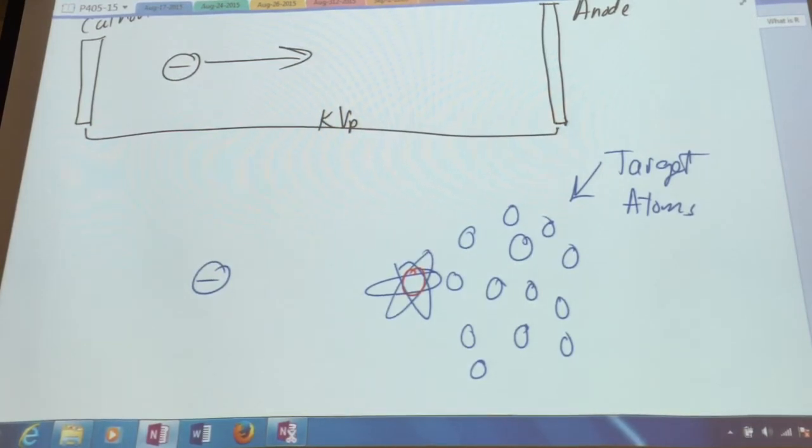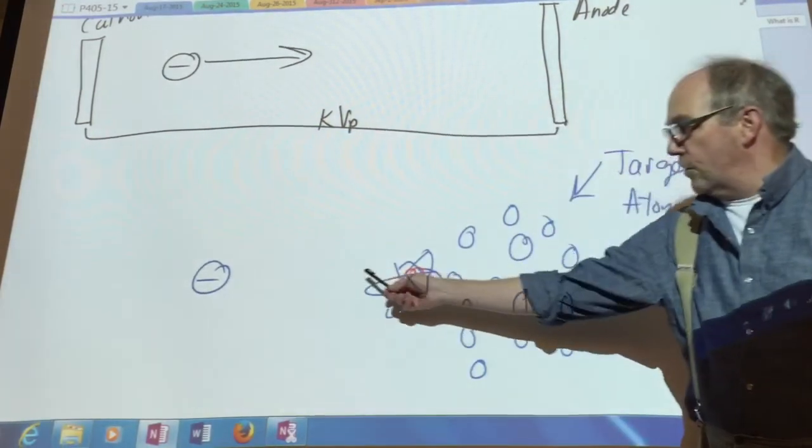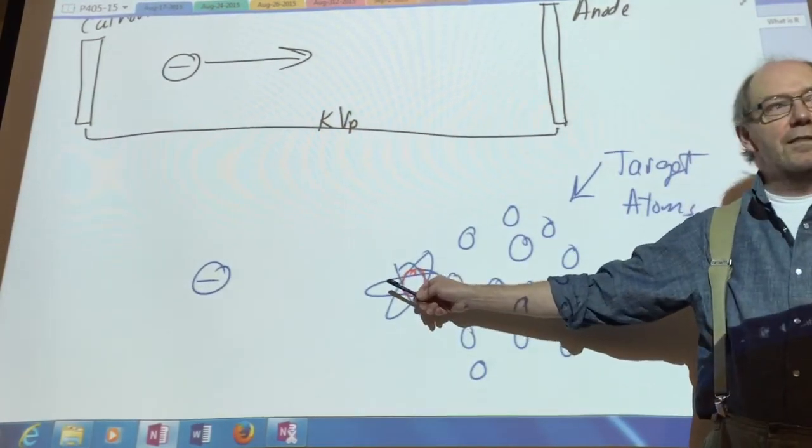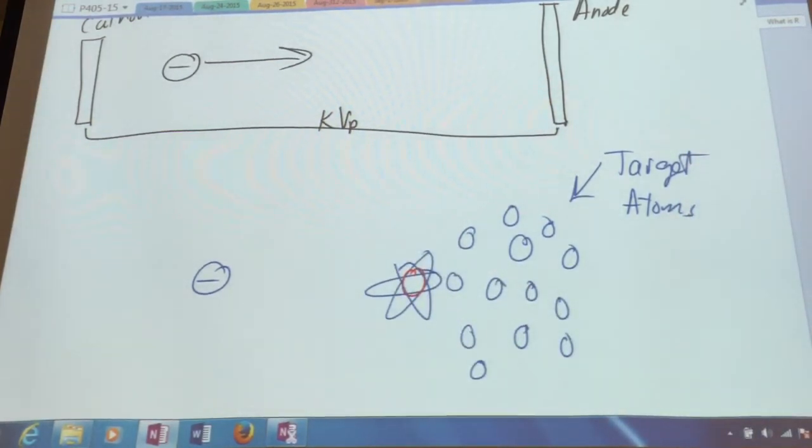Electron shells around the tungsten target atom. What's in the electron shells? Electrons, yes. All right. Do electrons attract or repel each other? Electrons repel each other. Right. And so initially, this electron screaming towards it really just sees a bunch of electrons, which says it would really want to go the other direction. Does it? It's not attracted to it.